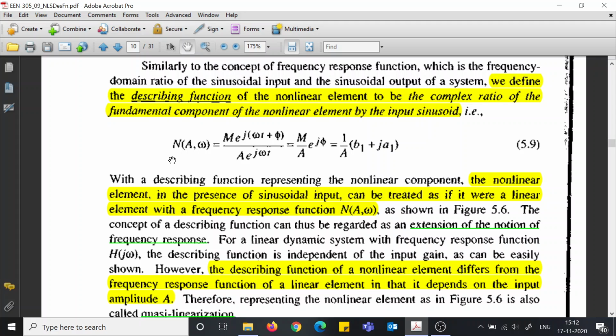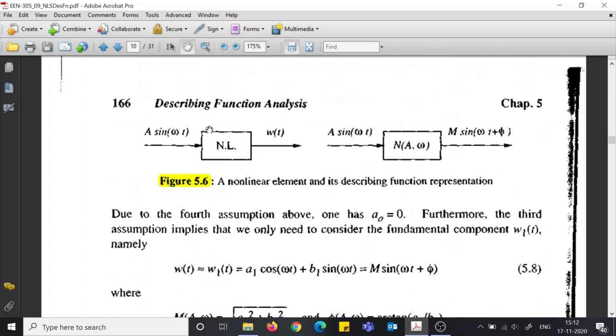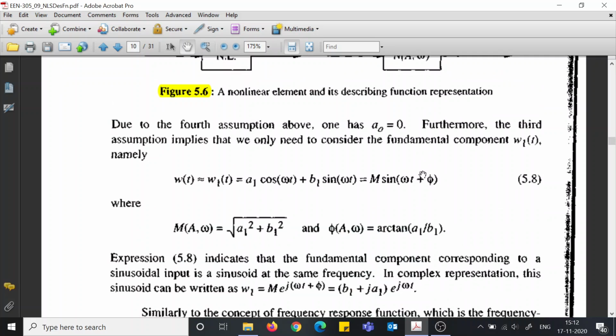Hence the nonlinearity that we had in the time domain, when we come to the frequency domain, gets transferred to a linear nature. This describing function directly transfers the amplitude A to M using a ratio, and phi also we can calculate using the describing function expression.